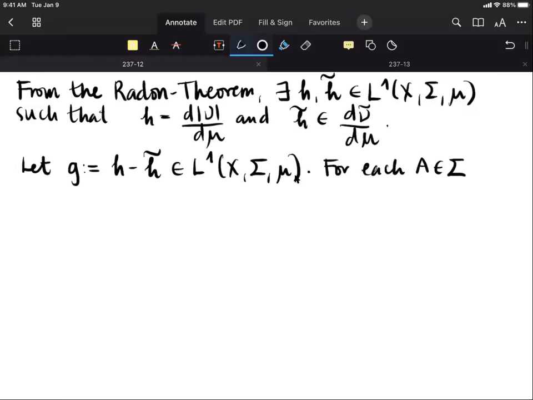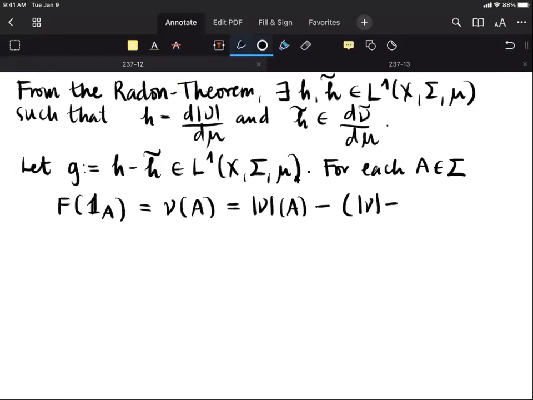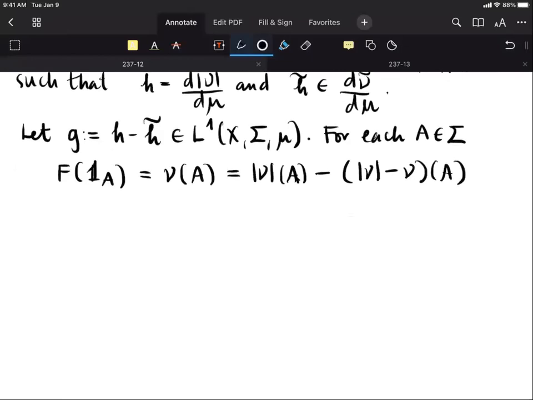So this is equal to, by definition of nu, and we can write this as follows, simply by adding and subtracting the total variation measure.